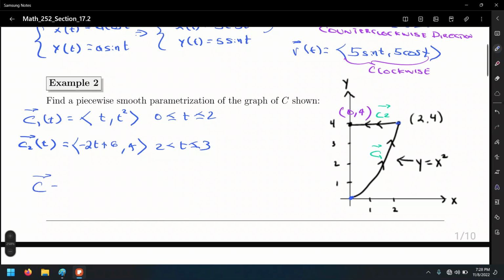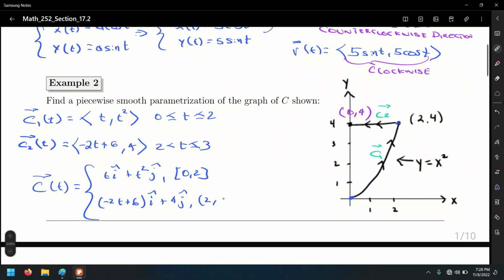C of t equals t in the direction of i plus t squared in the direction of j in the interval 0 to 2. And the second piece, which is negative 2t plus 6 in the direction of i plus 4 in the direction of j, on the interval 2 to 3.